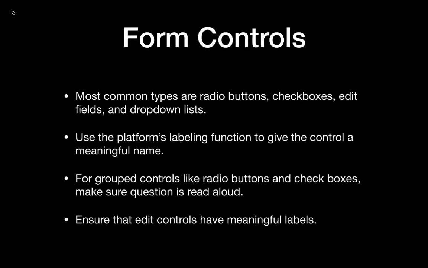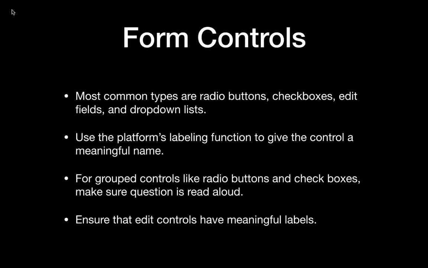Form controls are another important element. The most common types of form controls that are used are radio buttons, checkboxes, edit fields, drop-down lists. When you design forms in an authoring tool, you want to use the labeling functions that are available to create the labels for the forms.